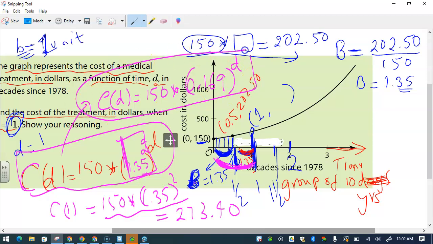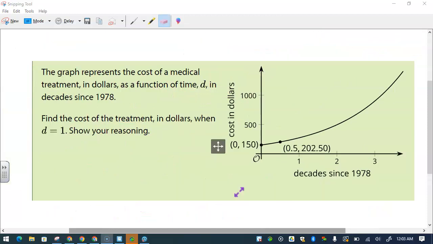This could also be the formula, because the pink color I showed is the growth factor for every decade.